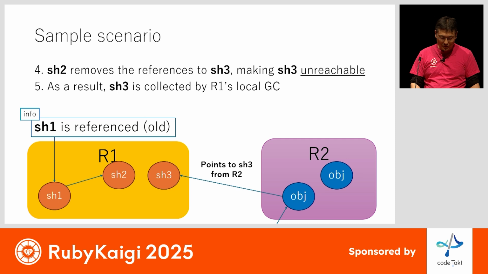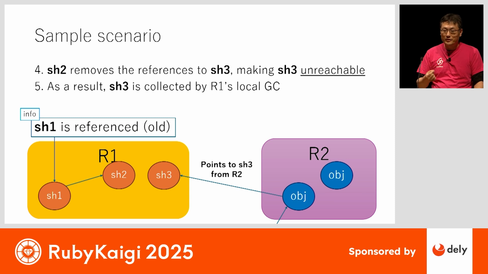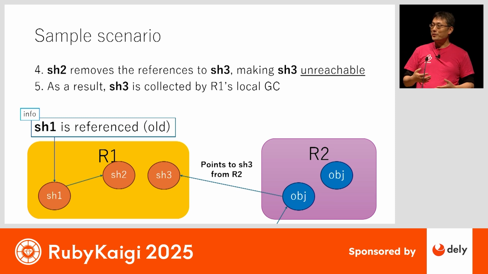The problem is if SH2 removes the link to SH3: then there is no information that SH3 should not be freed. So in the Ractor local GC at R1, SH3 can be freed, and after that, if Ractor 2 tries to use SH3, it has been freed, and it causes a very bad issue.